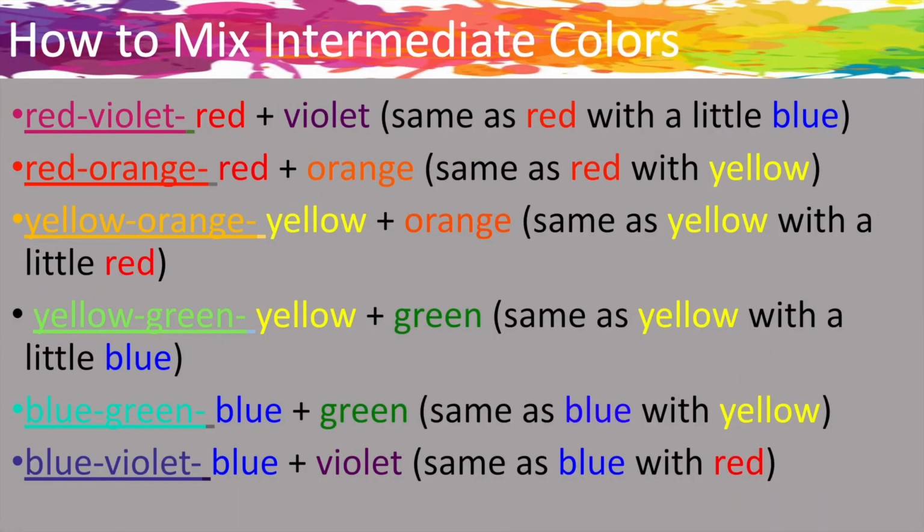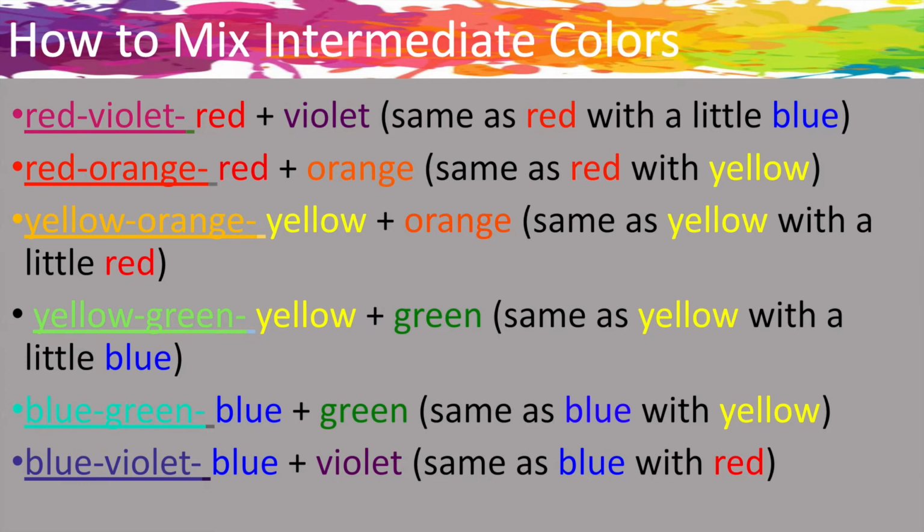How to mix intermediate colors. To mix red-violet, you're going to add red and violet, same as red with a little blue. Red-orange, red plus orange, so adding red with yellow. Yellow-orange is yellow with orange, same as yellow with a little bit of red.